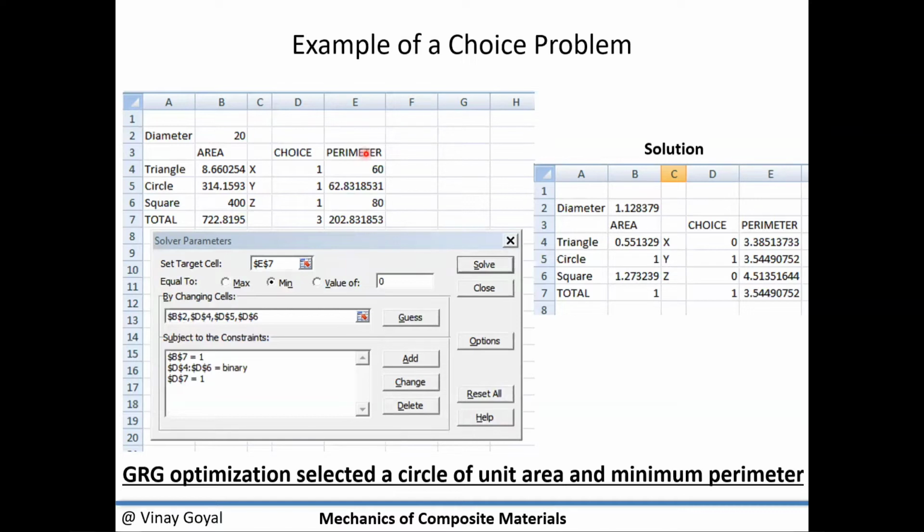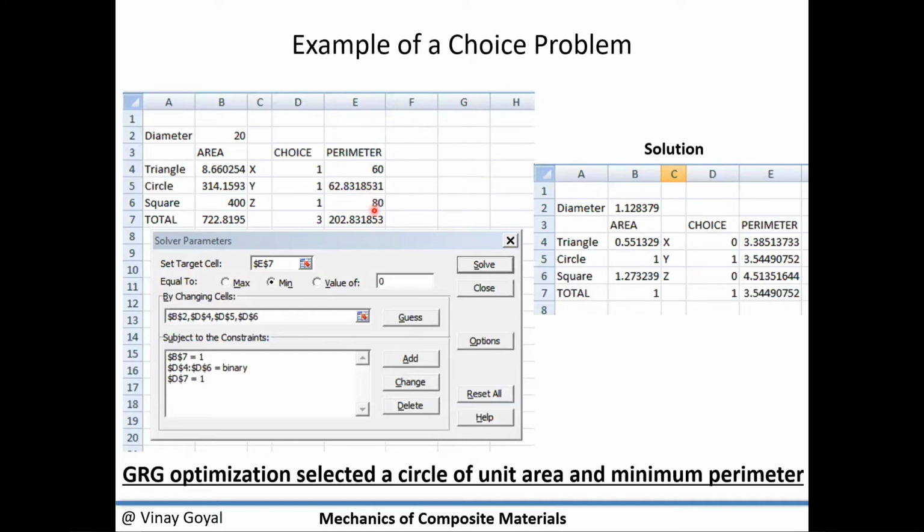The perimeter, given that d value, gives me a triangle perimeter of 60. That makes sense because each side of the triangle is 20, so that gives me 60. The circle is 2 pi r or pi d, and then the square has 4 sides and gives me 80.